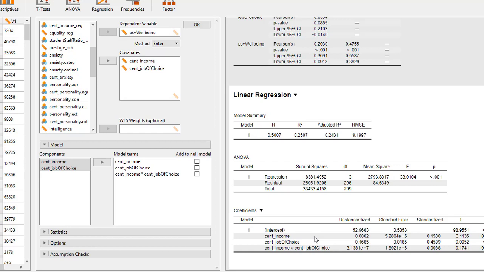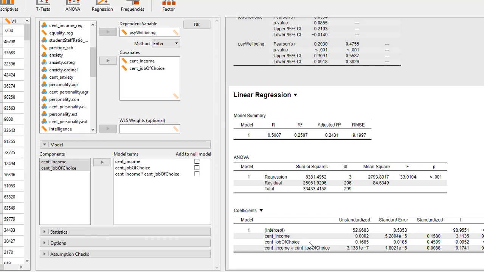An increase in income of 100 will produce an increase in psychological well-being of 0.02. An increase of 1,000 in income will produce an increase of 0.2, and an increase of $10,000 of income will produce an increase of 2 points of psychological well-being. So that's what it's saying.